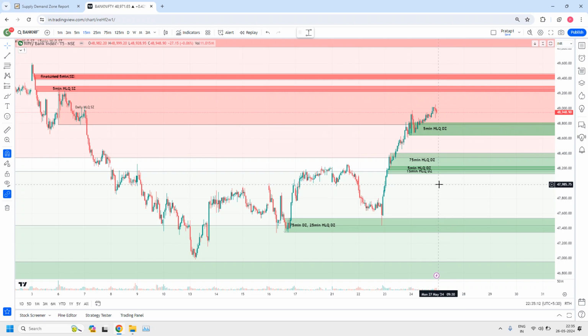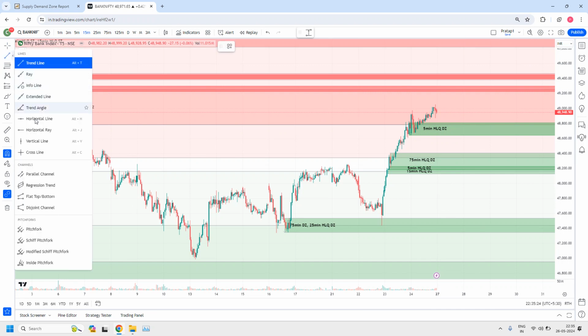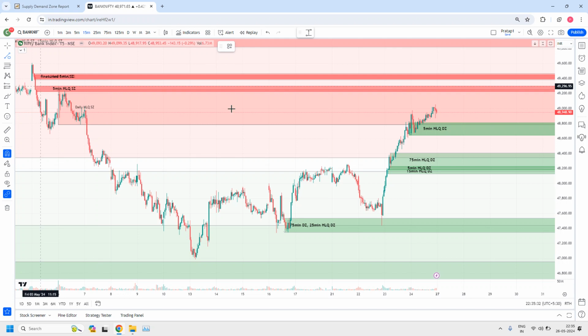And tomorrow, the bullish trade setup continues. If price retraces to this 5 minutes high liquidity demand zone, we get a good long trade opportunity. So that means immediately you have a trading range available. Let us find how many points range. I am drawing from distal line to distal line.